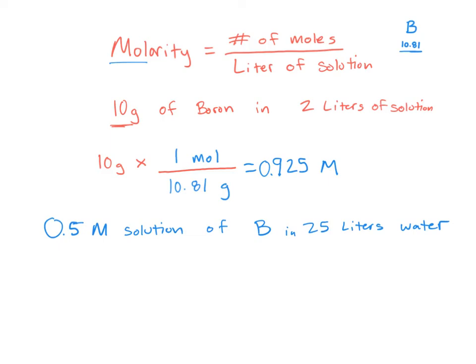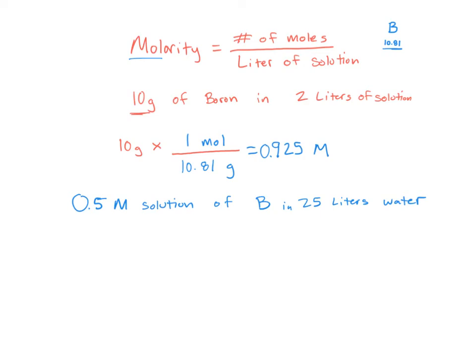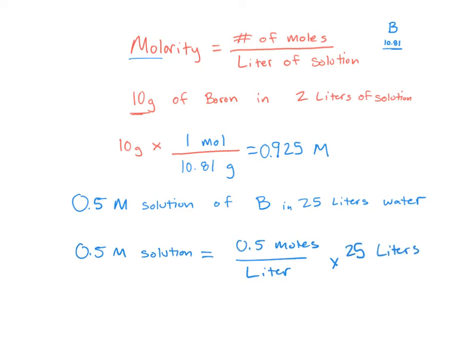And we want to know, well, how many grams of boron do we have? All right, well, we know this 0.5 molar solution equals 0.5 moles per liter. And we have 25 liters of water.